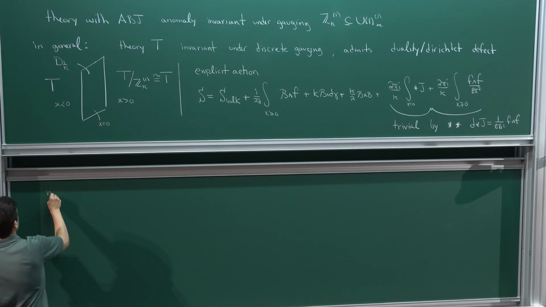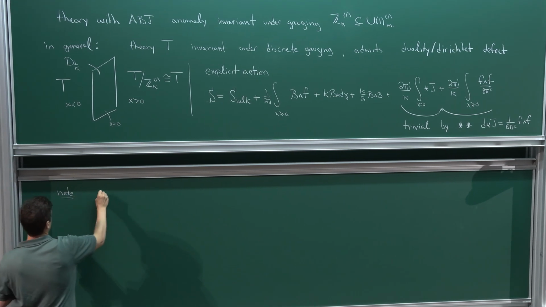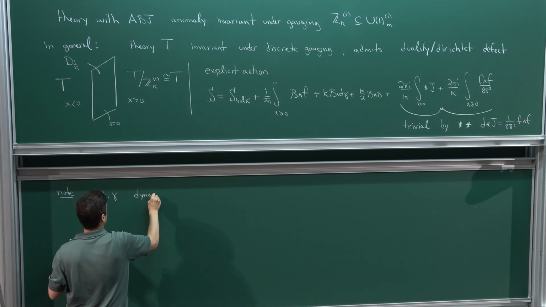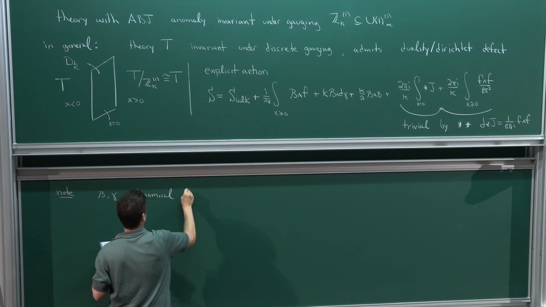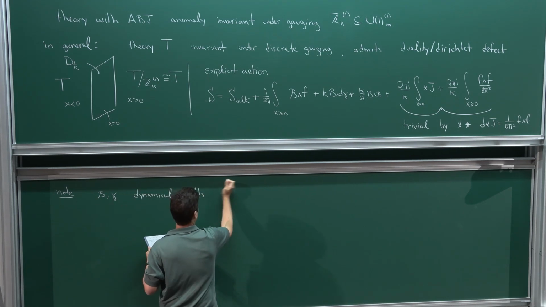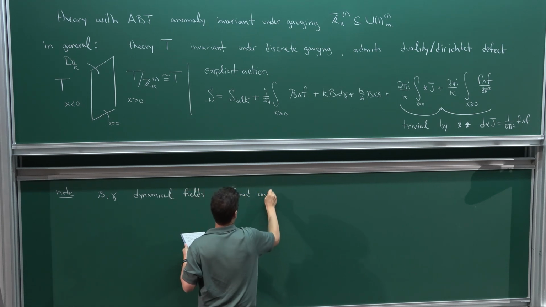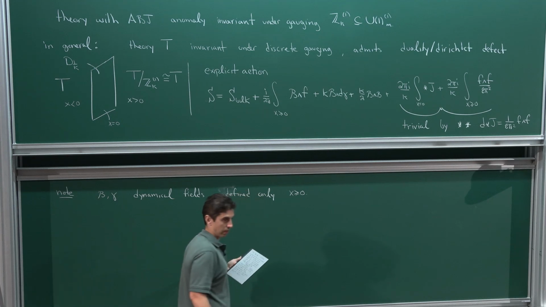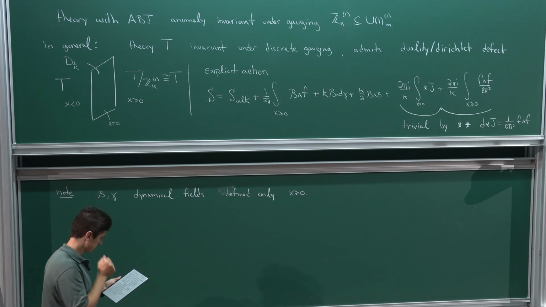So let's note also, just to emphasize it, that beta and gamma are dynamical fields. And they are defined only now in this half space region where x is greater than or equal to 0.